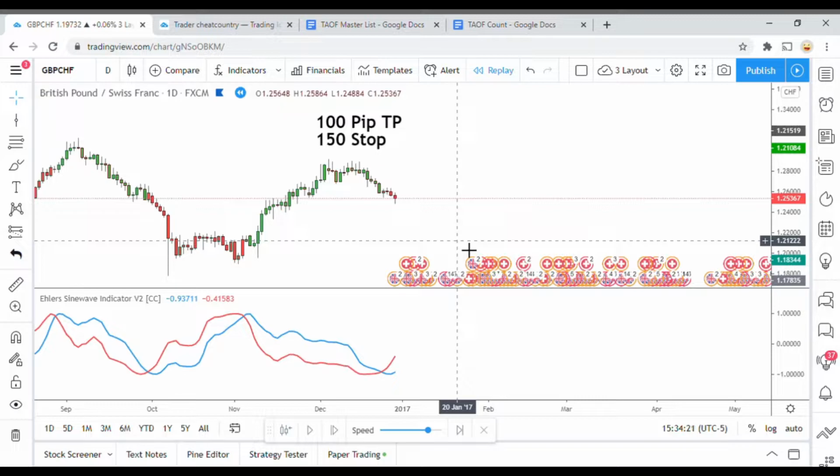But when we are trying to test an indicator as a standalone indicator, we should avoid, wherever possible, stacking other indicators on top of it. That's what I don't agree with when people come into the comments and say things like, if you would have added the RSI on top of the Ehlers Sinewave indicator. I don't know if the Ehlers Sinewave is going to be profitable or not.